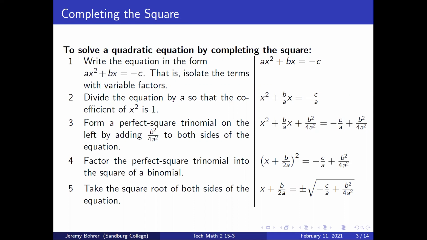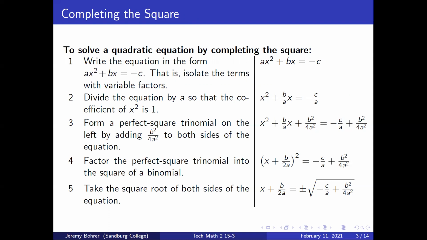So x squared plus b over a x plus b squared over 4a squared equals negative c over a plus b squared over 4a squared. Next, we factor the perfect square trinomial into the square of a binomial. That is, (x plus b over 2a) squared equals negative c divided by a plus b squared divided by 4a squared.